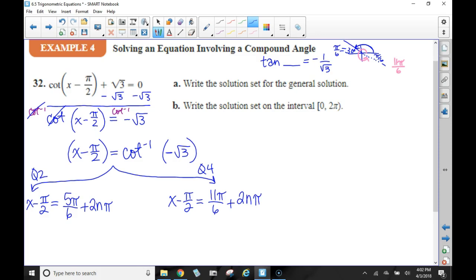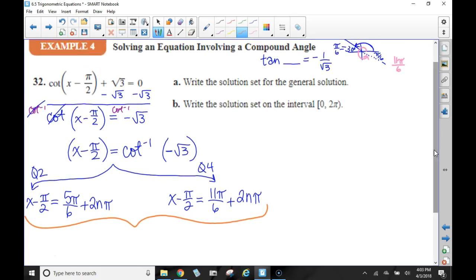Now, at this point, I think probably what we want to do, like we did in the last example, is we'll want to say, well, I can describe this because it's cotangent, or you could do this on tangent as well, because these angles are just 180 degrees apart from one another.